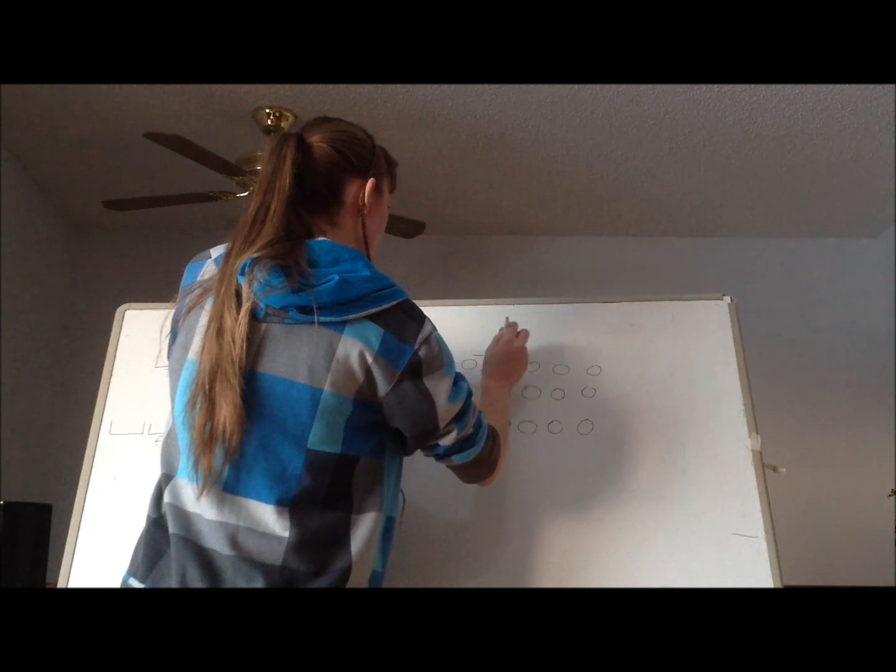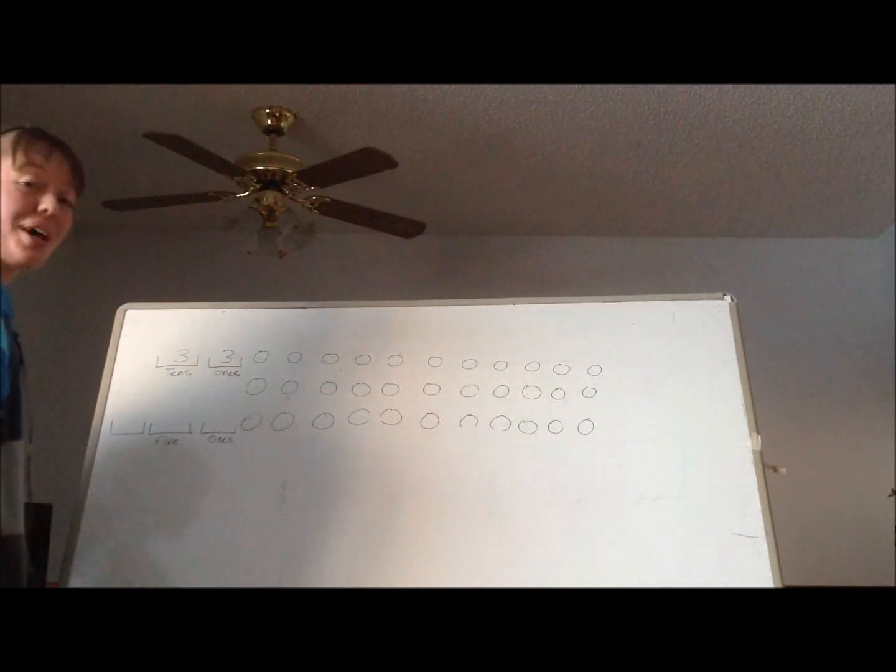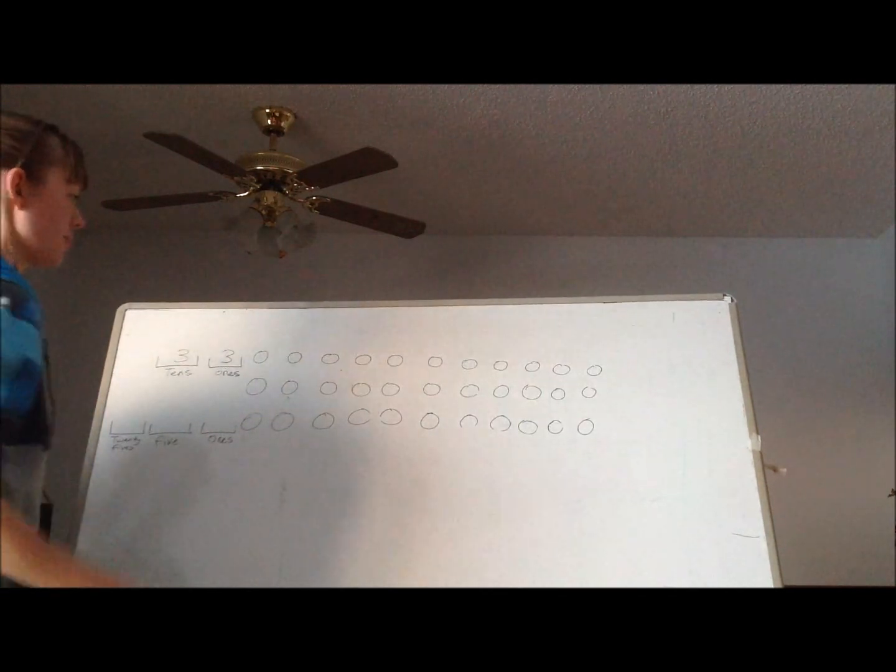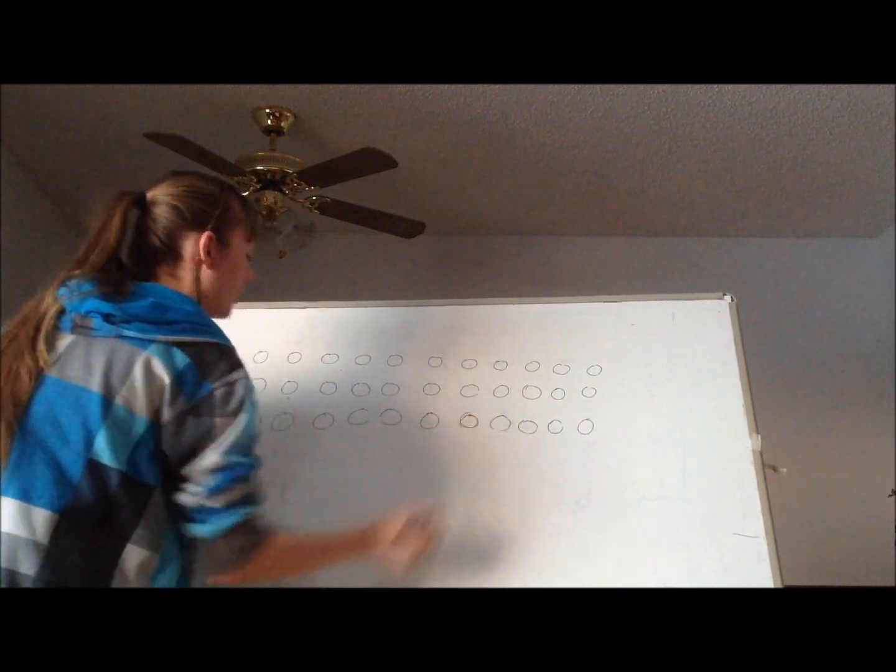5 groups of 5. 5 times 5 is 25. So this is the 25s position. So we'll start out by looking for groups of 5.